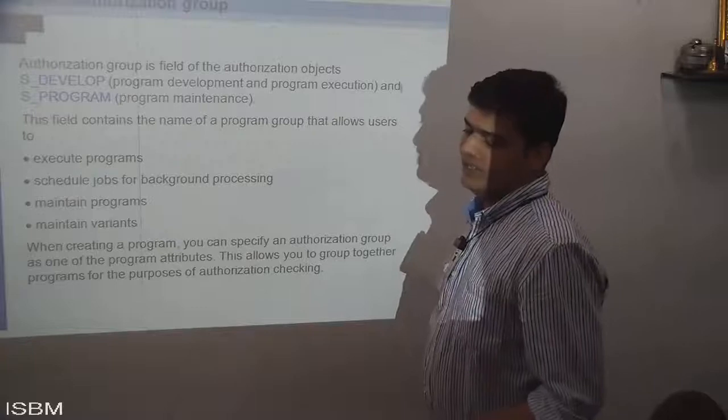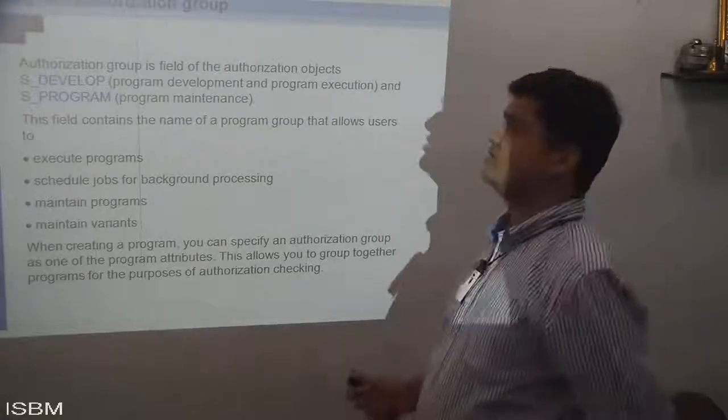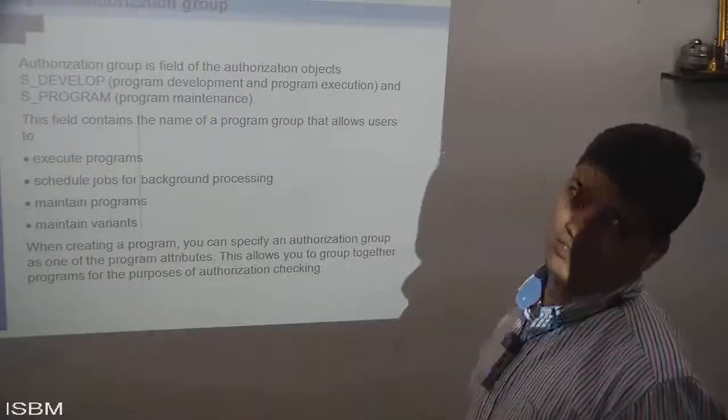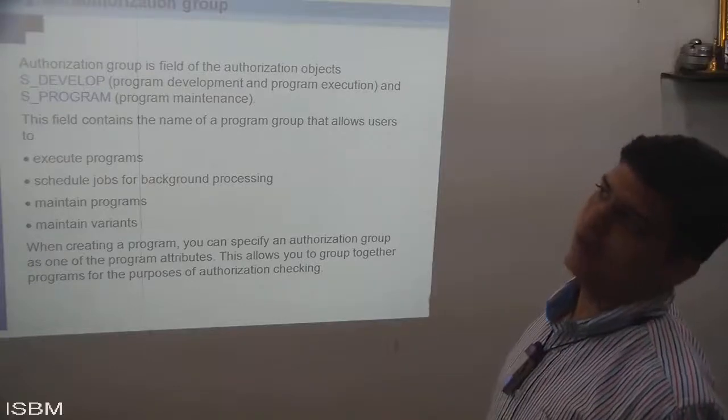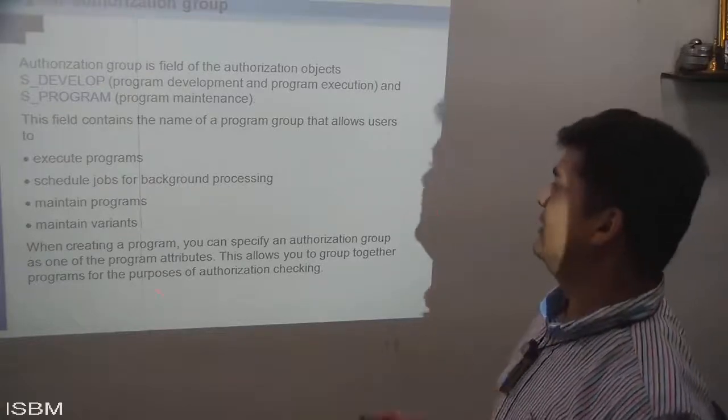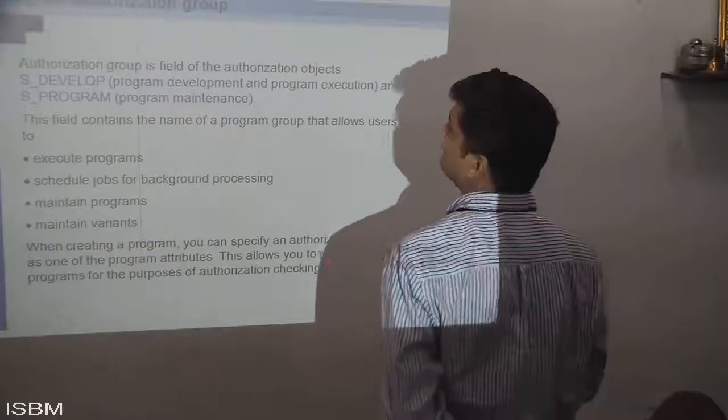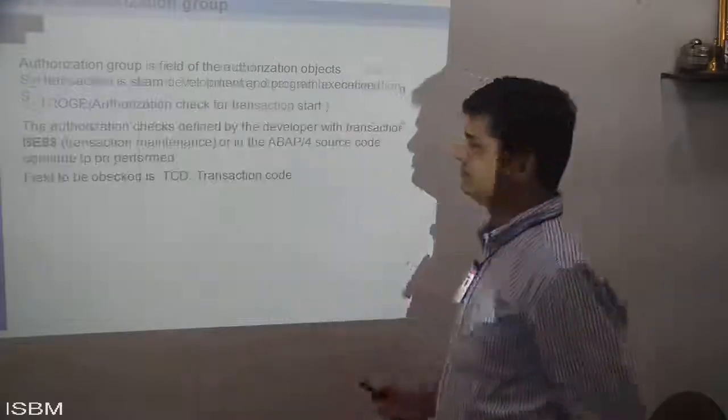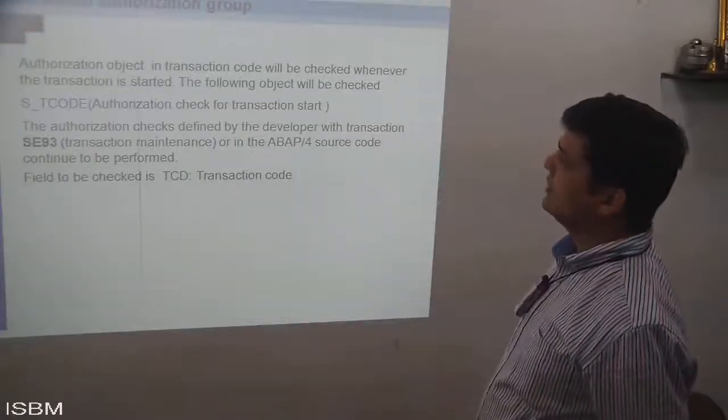So every time we need to check the program for authorization purposes. Sometimes we don't have authorization for some critical or confidential programs, so these concepts are used there, program authorization group. Then transaction authorization group.